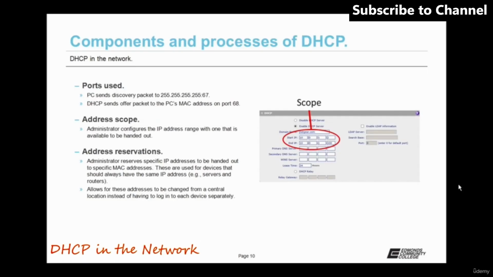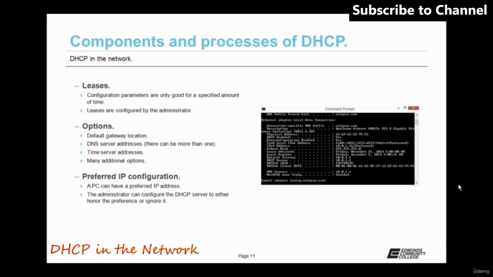Now, these are used for devices that should always have the same IP address, as in servers and routers. If you didn't do that, there is the possibility that your default gateway's IP address might change. Now, the reason we use address reservation is this allows these addresses to be changed from a central location instead of having to log into each device and change the IP configuration separately.